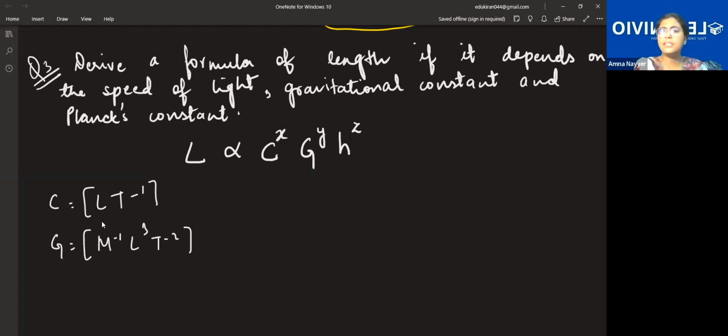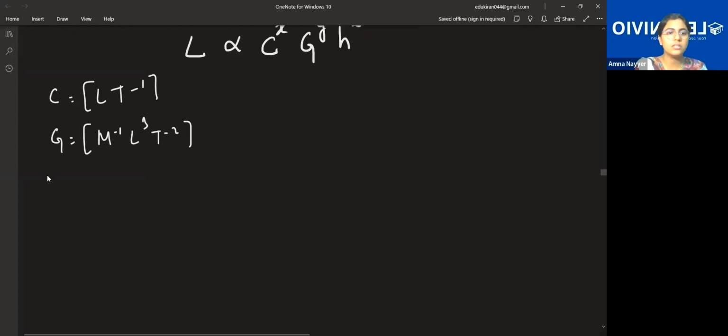This question we have discussed, where we had calculated this gravitational constant through the formula F is equal to G m1 m2 by r square. And then you have the third, Planck's constant, that is H. H is equal to m L square t to the power -1. These are the values.